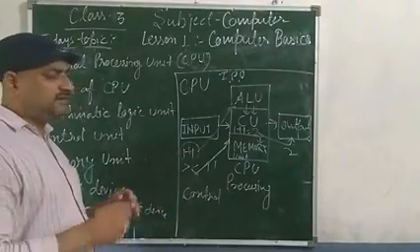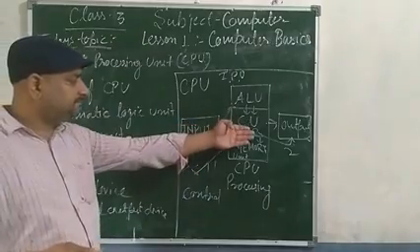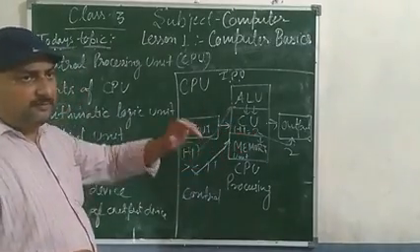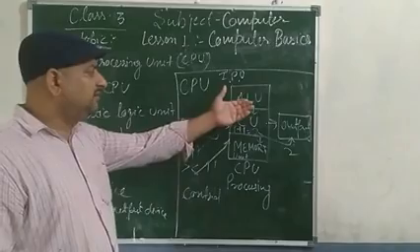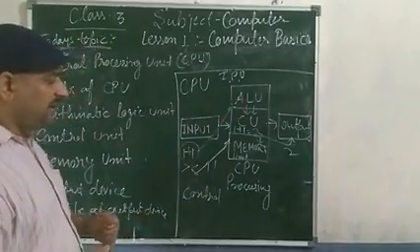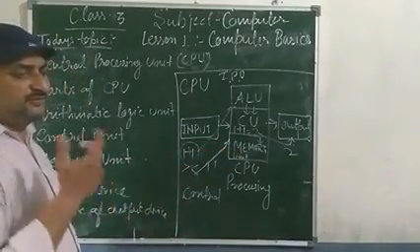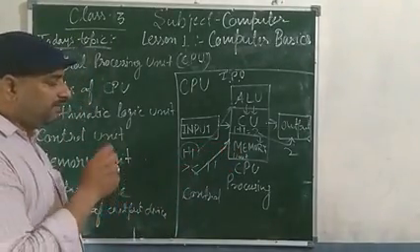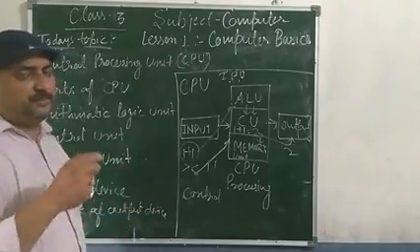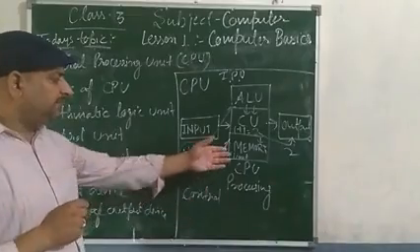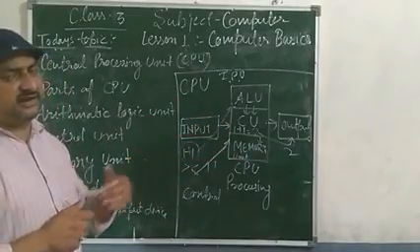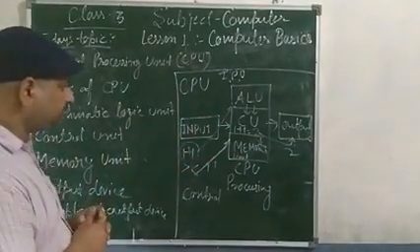The controlling work is done by the control unit, the mathematical work is done by the arithmetic logic unit, and the storage work is done by the memory unit. Suppose we save something, in future we can open the file also. With the help of the memory unit we can retrieve our data.